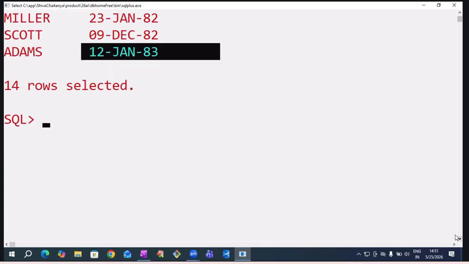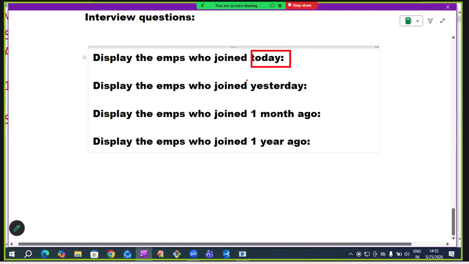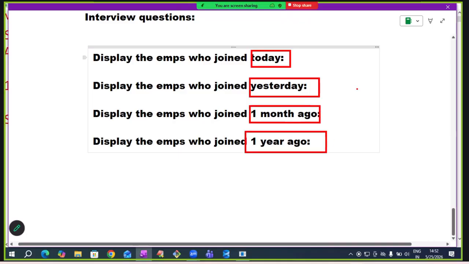But there is no today's date, no yesterday date, no 1 month ago date and no 1 year ago date. So insert these 4 records first: 1 record with today's date, 1 with yesterday's date, 1 with 1 month ago date, and 1 with 1 year ago date. If you want to retrieve records, they should exist.